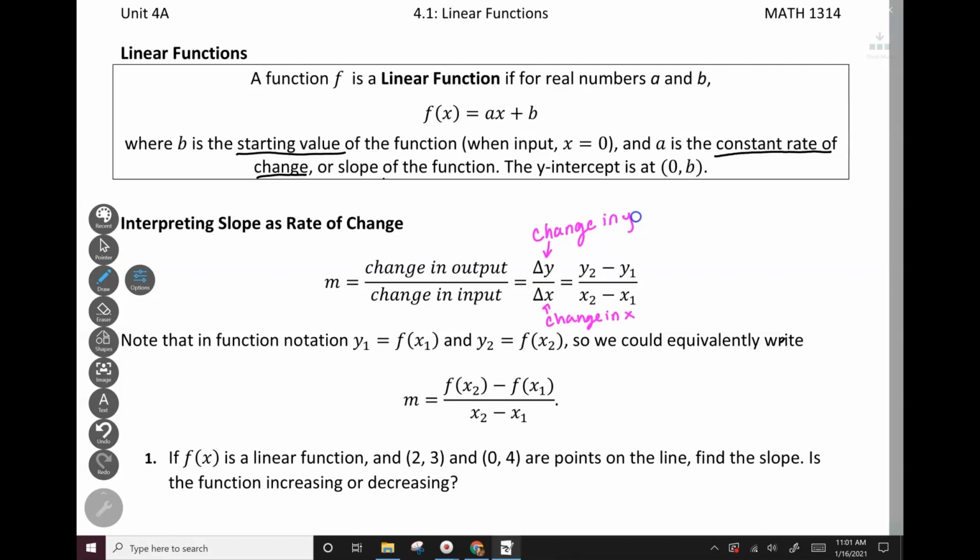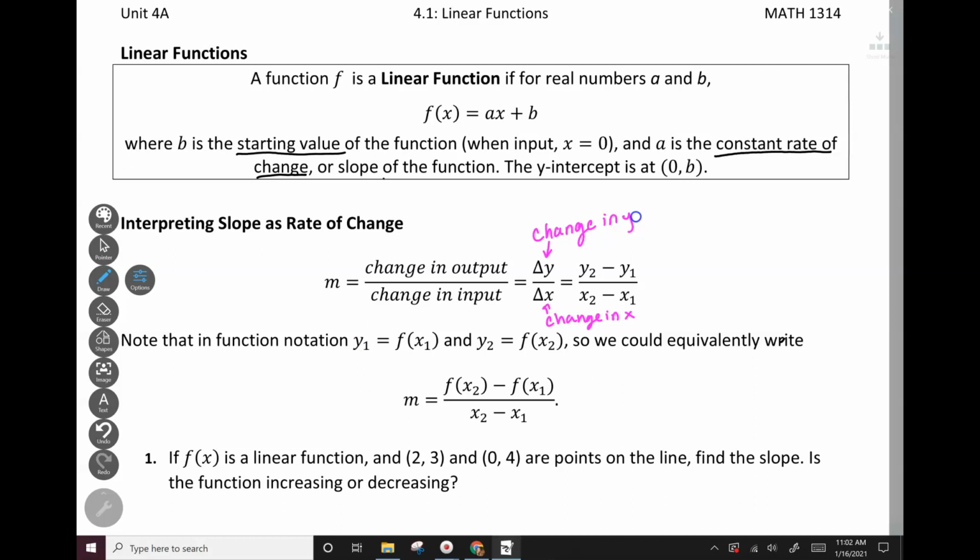So change in y divided by change in x, or you could simply subtract y2 minus y1 over x2 minus x1 if you are given 2 points. Now note that the function notation y1 is the same thing as f of x1. So if I plug in x1, I get out y1.